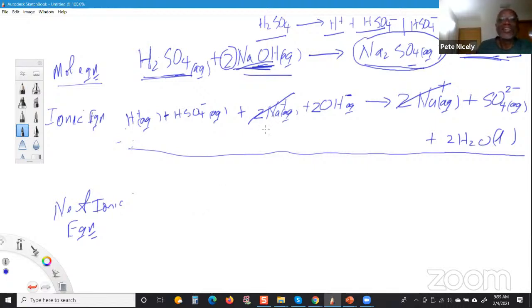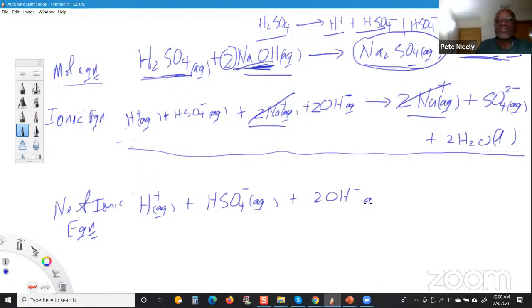So you correctly said that these 2 are canceled out and there's nothing else that will be canceled out. So you just write down what is left, which would be H+ aqueous plus HSO4- aqueous plus 2OH- aqueous.